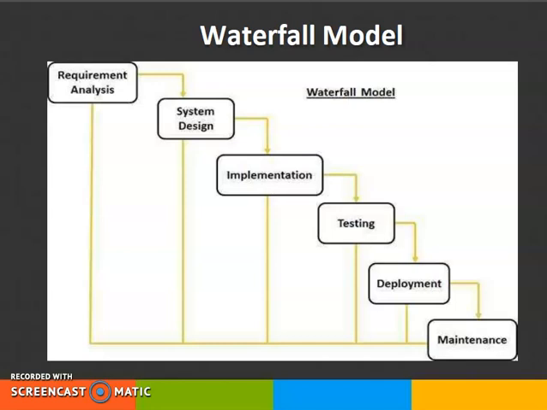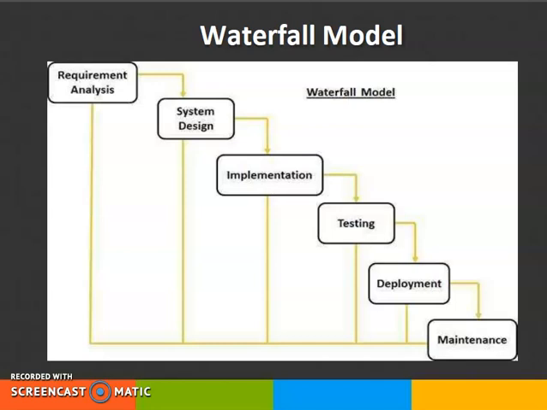Waterfall model: the name indicates a waterfall. It falls from top to down. From the top, the waterfall falls down. There is no going back. It is a one-way movement. That is the meaning of this model.